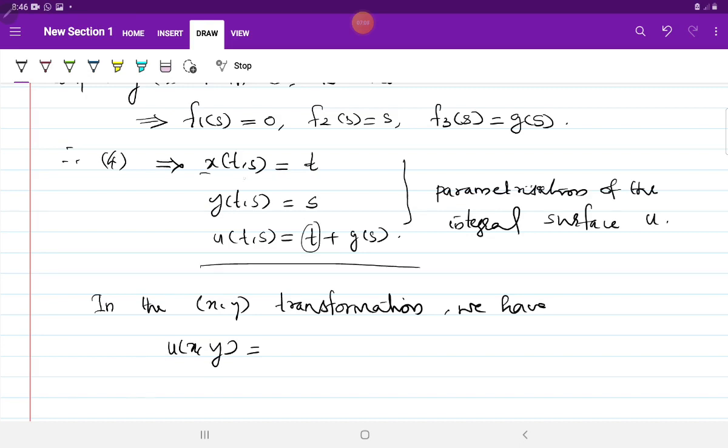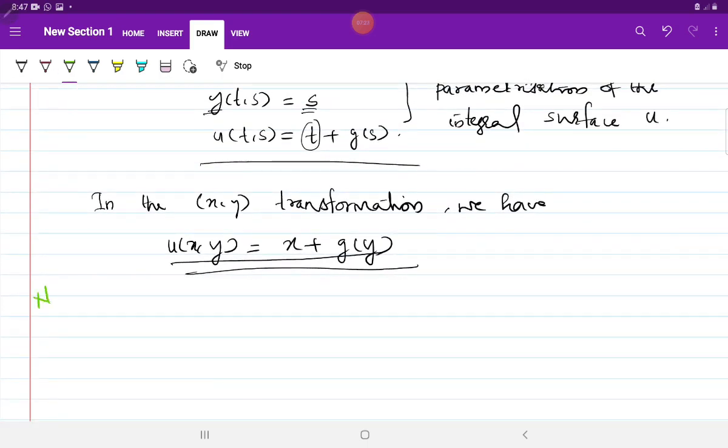Instead of t we can write x, instead of s we can write y. So u(x, y) will be x plus g(y). So this one will be the corresponding integral surface.